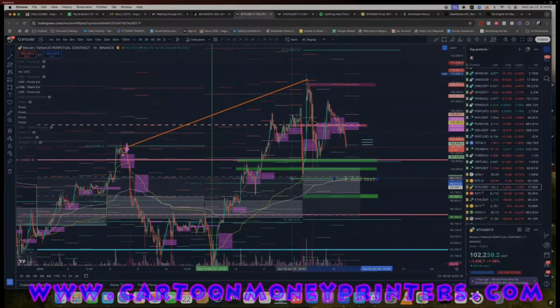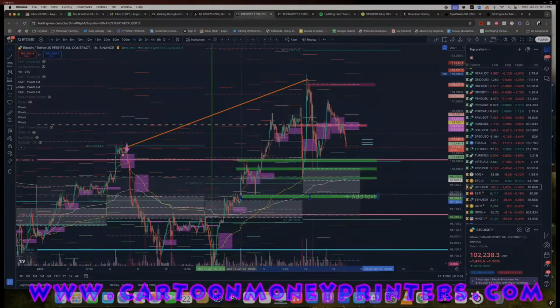All right, so this level here, bringing that across, that comes right across the bottom of this CPR and the middle of the one before. So again, more confluence. And then this level here, which was the center of the monthly. Who's got the mic on? Yeah, if you guys could please mute your mic for me, that'd be awesome. Thank you.